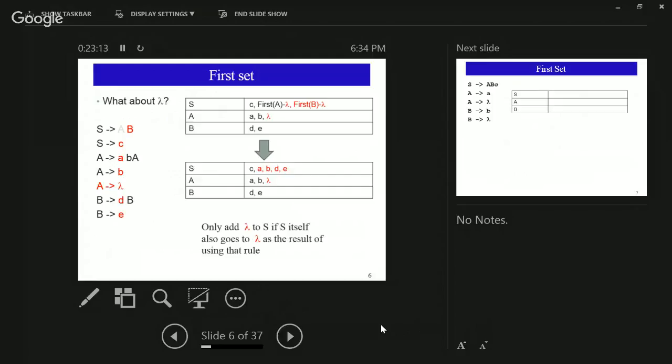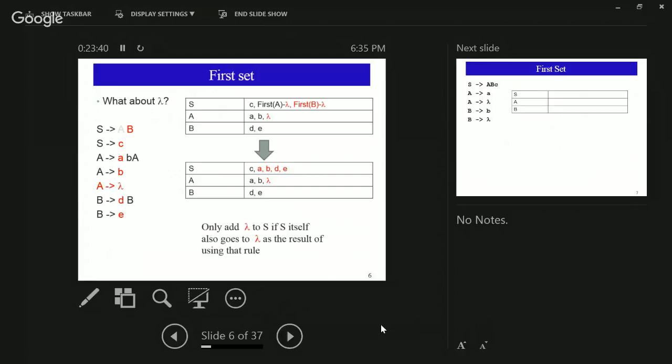But if B were to have a lambda, then S could go to lambda if both of them drop out, even though it didn't have a lambda rule to start with. So that's the only caution as you're looking at these rules. Okay, so the algorithm says if S goes to big A, I take big A's first set and copy it into S, but don't copy the lambda.